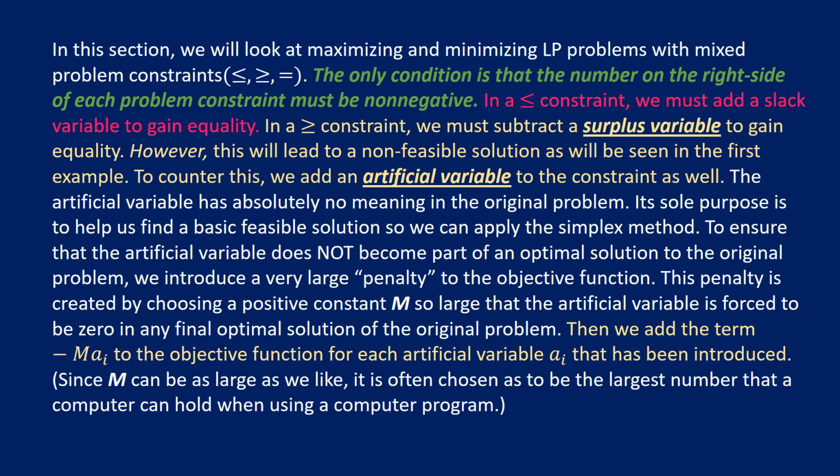Then we add the term negative M times the artificial variable to the objective function for every artificial variable that's been introduced. We use the same M for each one. And since M can be as large as we like, when using a computer program, it's often chosen to be the largest number that a computer can hold.